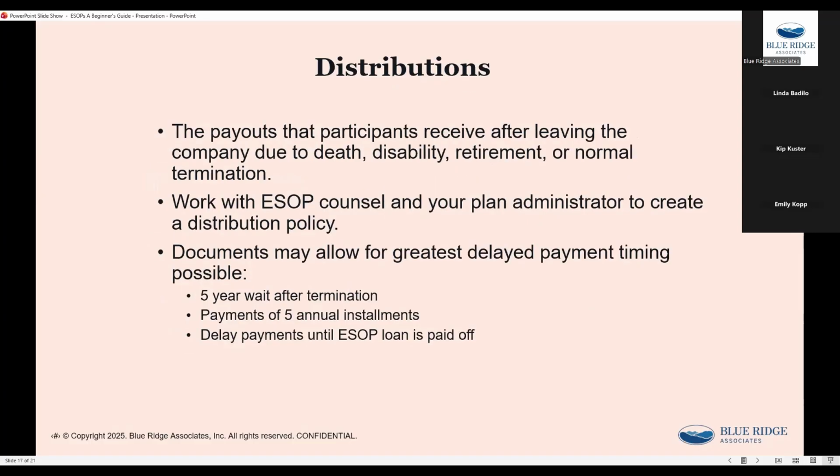So as I mentioned, once a participant terminates employment and we've determined what their vested percentage is in their account, the next turn of events is the distribution. So a distribution from the plan is the payout that participants are going to be receiving after they leave the company, typically due to an event. So it's going to be death or disability or normal retirement age, or a regular termination of employment.